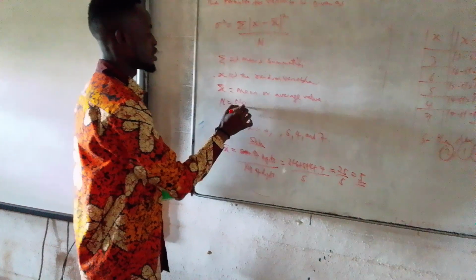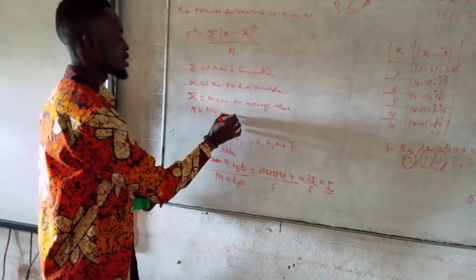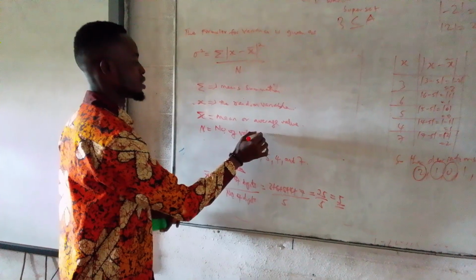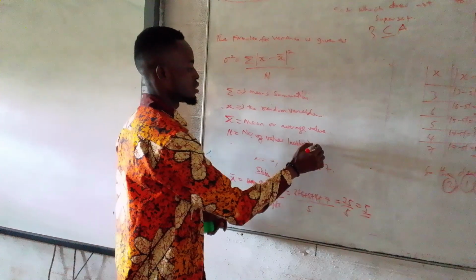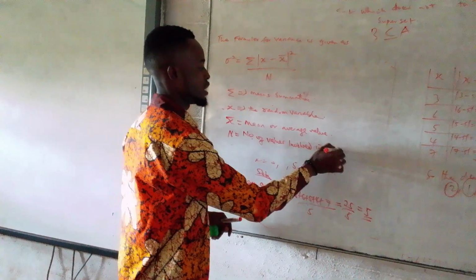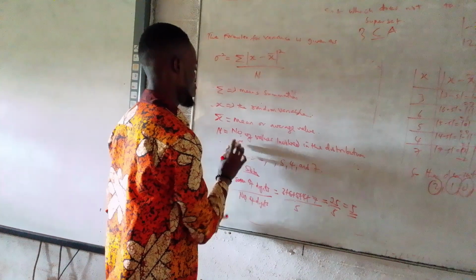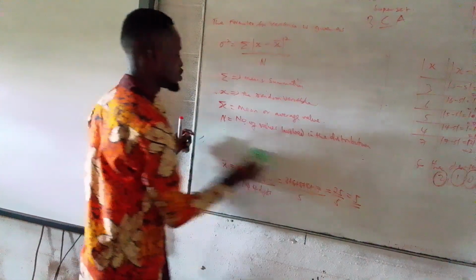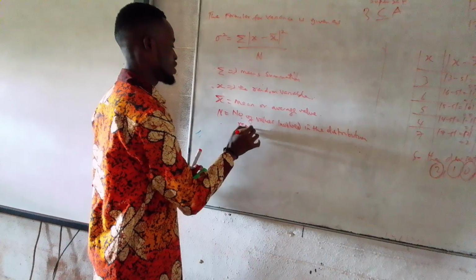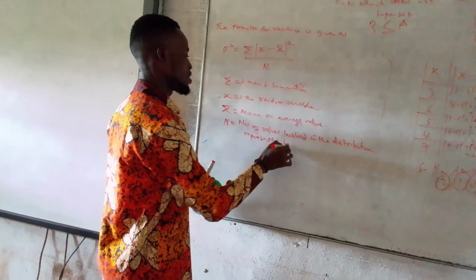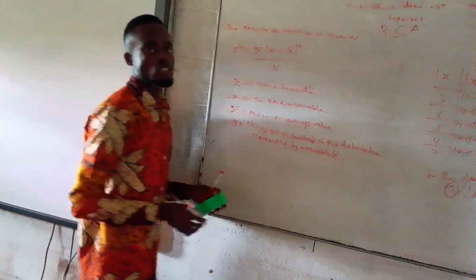N is the number of values involved in the distribution represented by a variable x, which is the random variable.